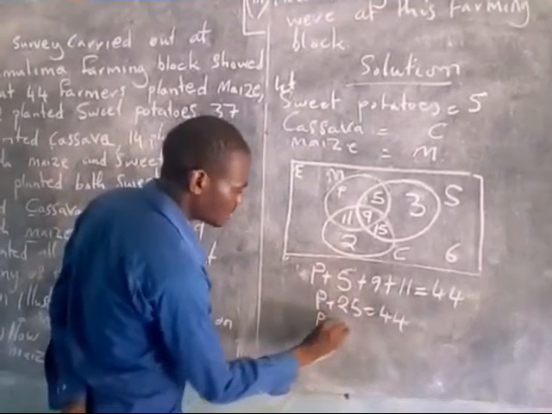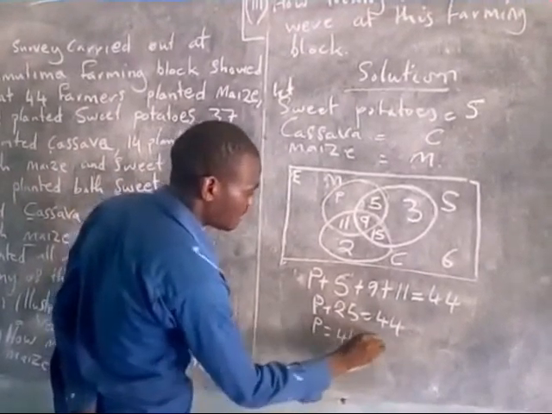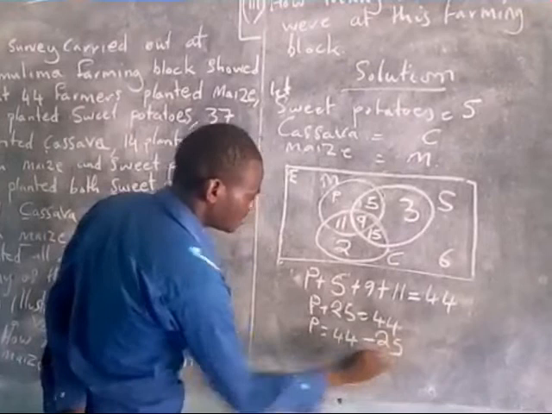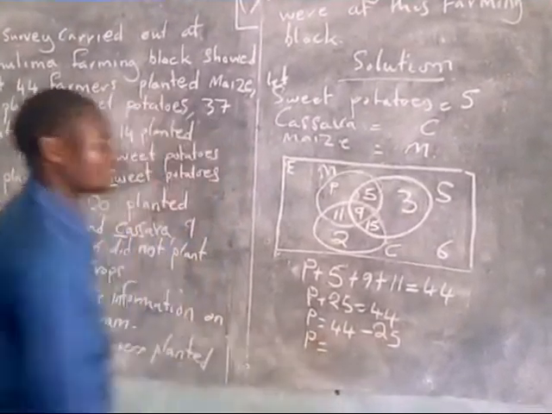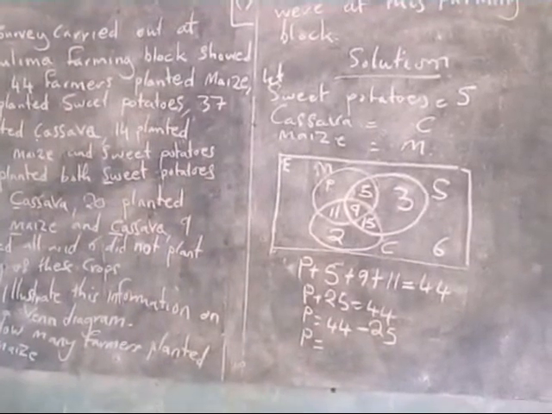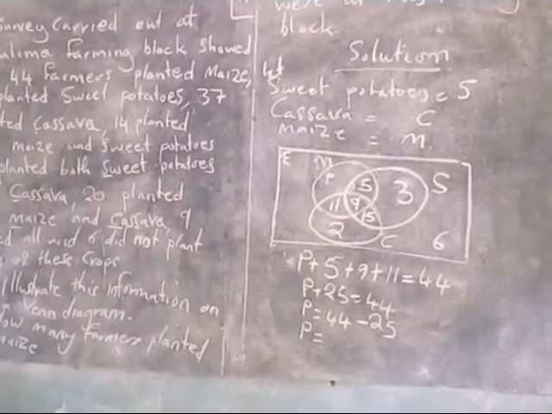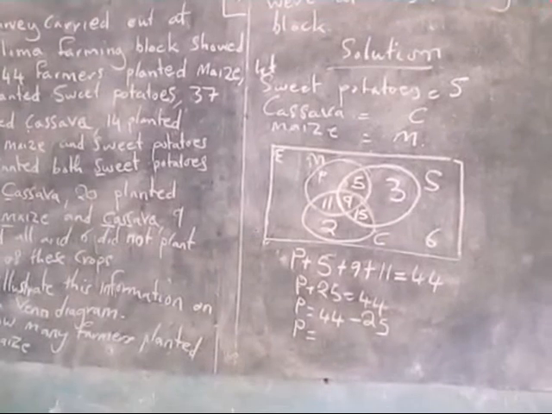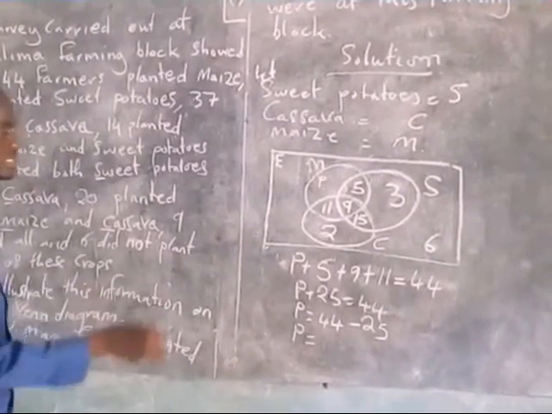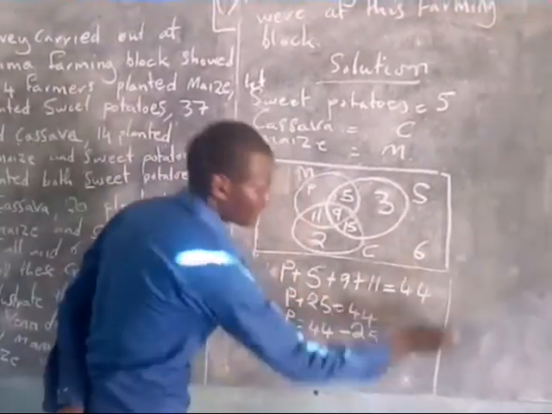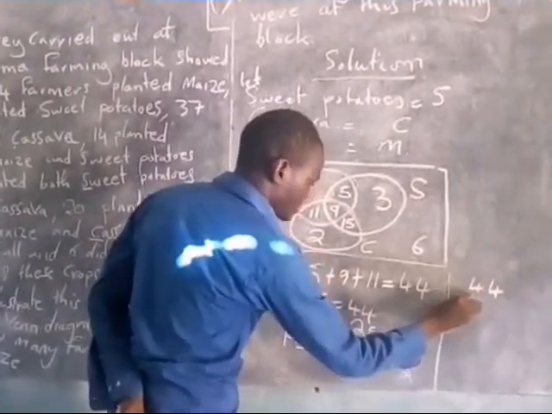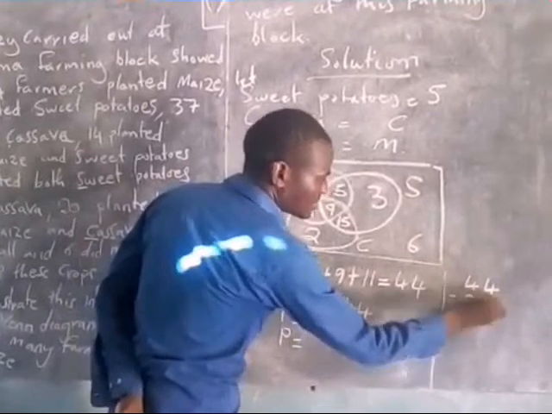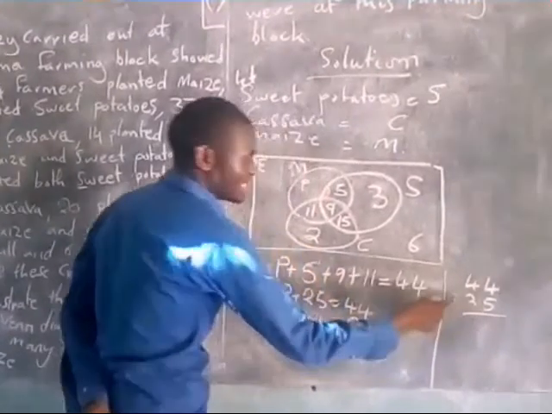So P is equal to 44 minus 25. P is equal to 44 minus 25. Let's do a small calculation here so that you follow how we are finding the answer.